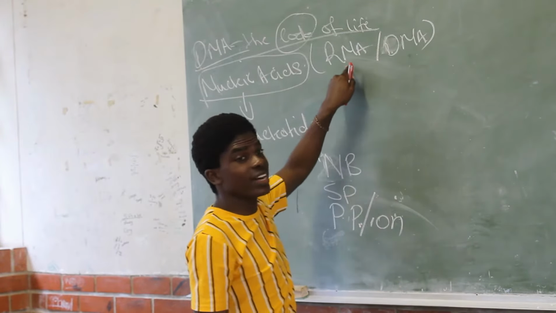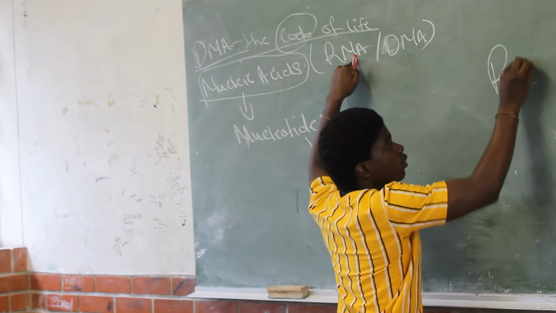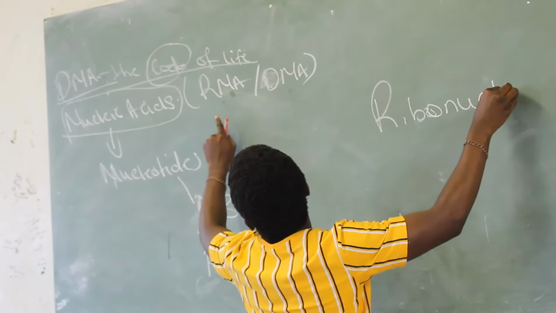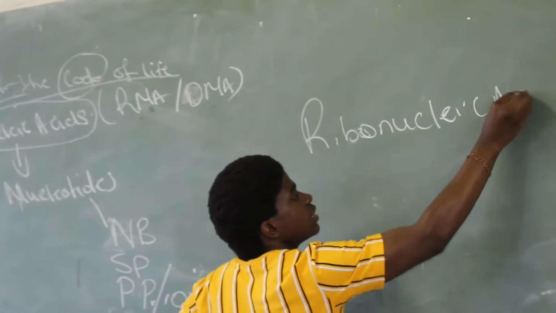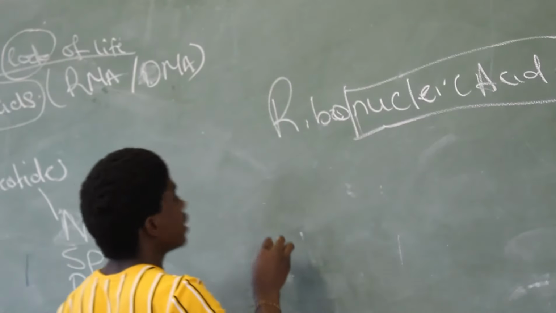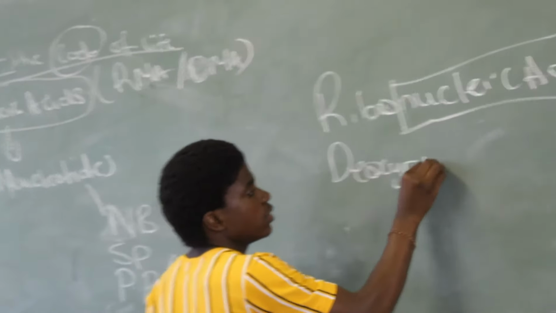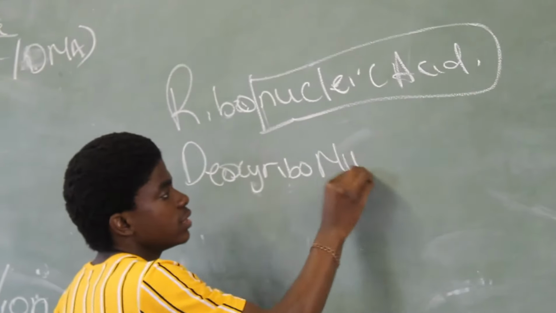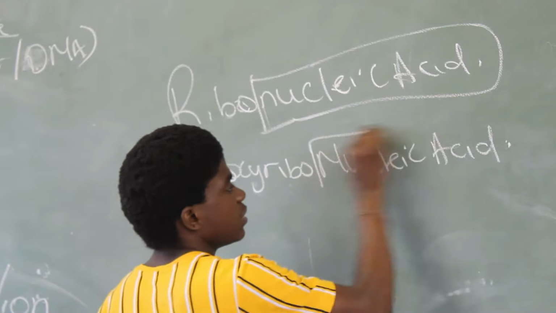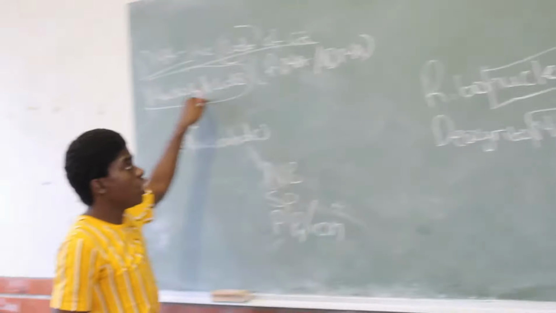RNA is ribonucleic acid, and then we also have deoxyribonucleic acid. Both RNA and DNA are nucleic acids.